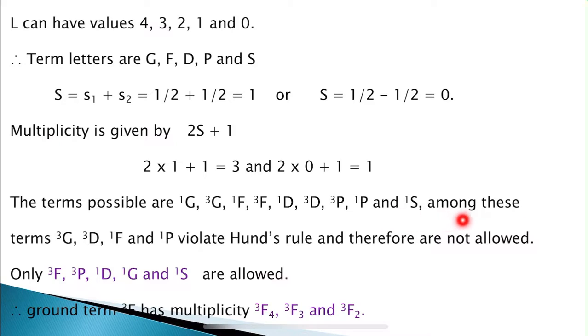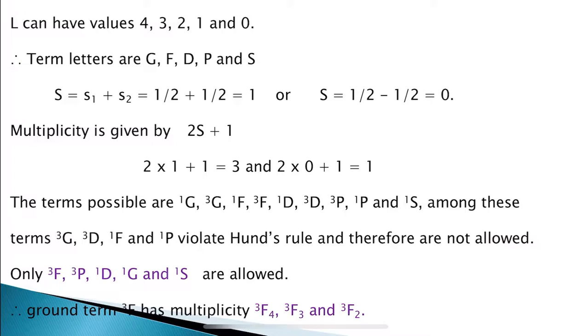Among these terms, only 3G, 3D, 1F and 1P violate Hund's rule, and therefore are not allowed. These term symbols, 3G, 3D, 1F and 1P, violate Hund's rule, and only 3F, 3P, 1D, 1G and 1S are allowed.